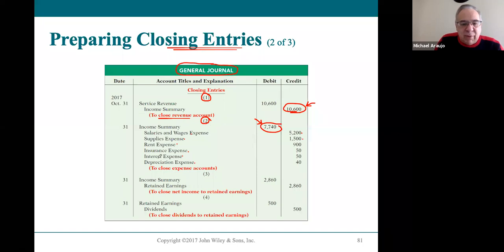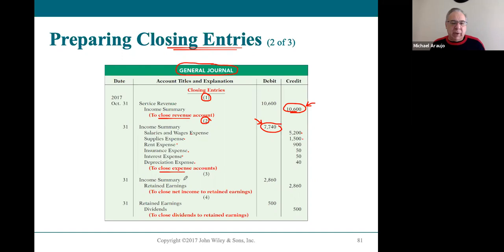In the meantime, we have already closed our revenue and expense accounts, so we are halfway done with this. Okay. And again, we have to close the accounts every year. We have to make sure there's zero every year because we have to keep those records separate year to year.